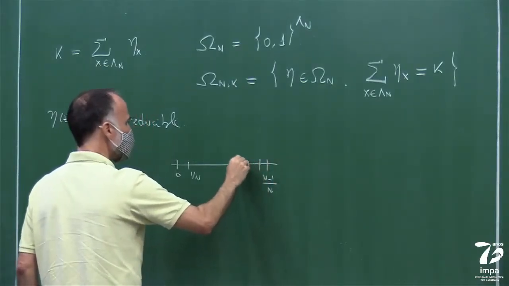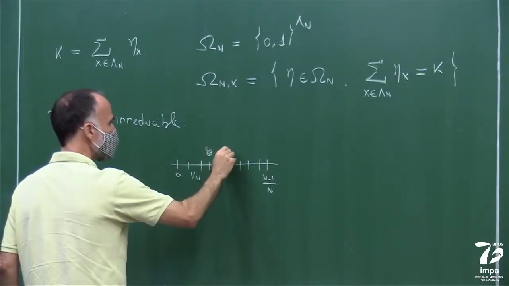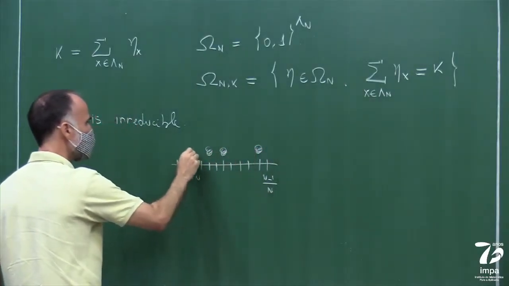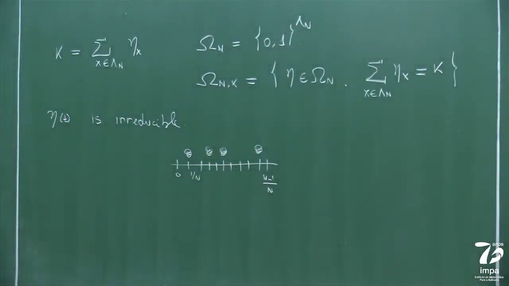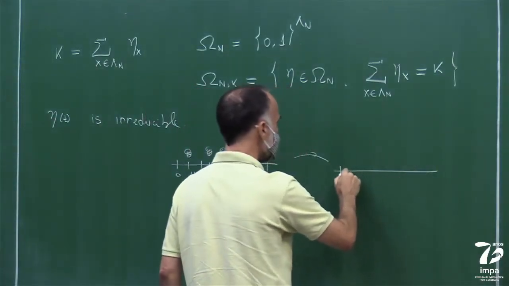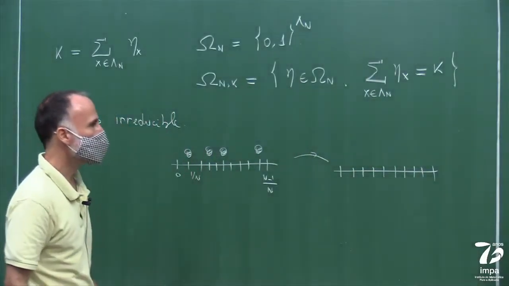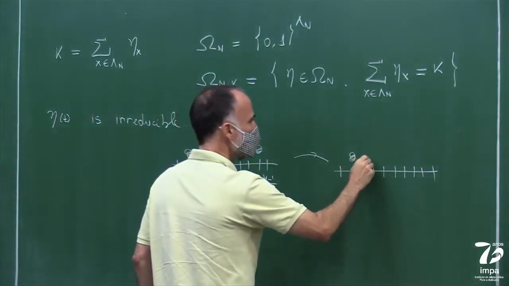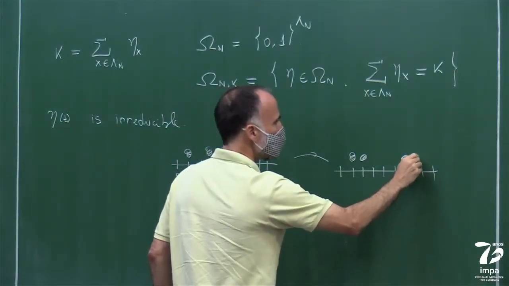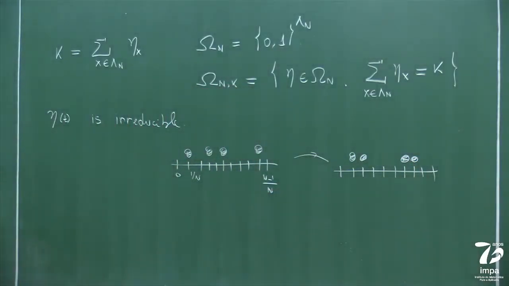So I'm starting from a configuration. And what I want to show is that you can go from this configuration to any other configuration which has exactly the same number of particles. So here you have 4 particles. I claim that you can go from this configuration to that configuration. And how do you prove that?